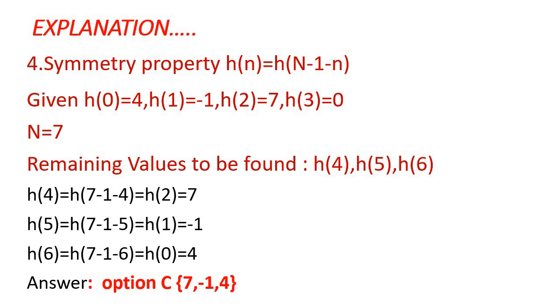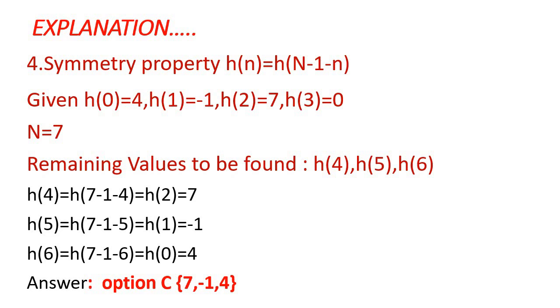As the order of the filter is 7, the remaining values are h of 4, h of 5 and h of 6. For finding h of 4, n value is 4. If we take n value as 4, h of 4 equal to h of 7 minus 1 minus 4, which is equal to h of 2. So h of 2 value is 7. So h of 4 and h of 2 values are same.